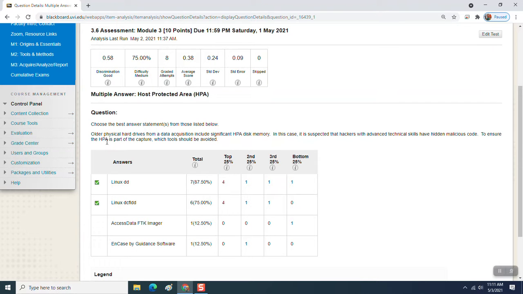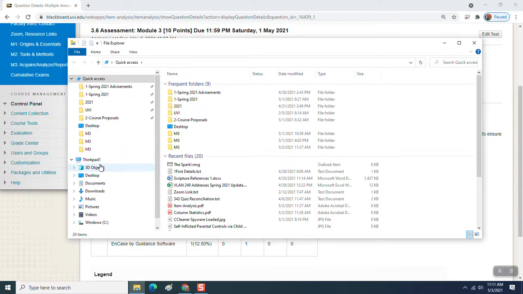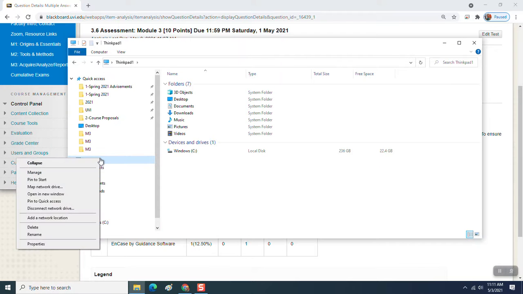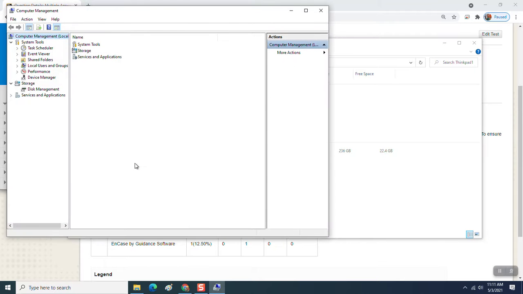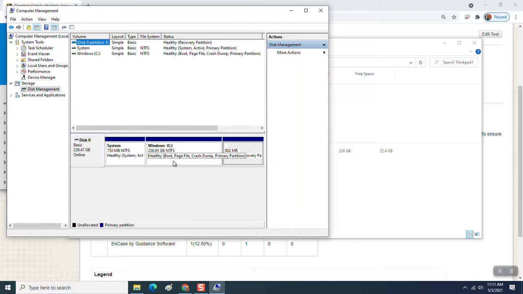That's the hidden partition. So when you're looking at a disk, and you go into disk management, this is the viewable partition, but there are hidden partition areas like system and recovery partitions. That's what HPA refers to.